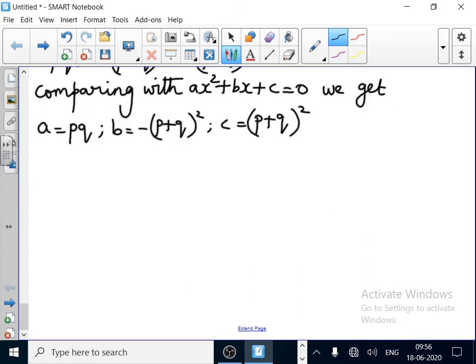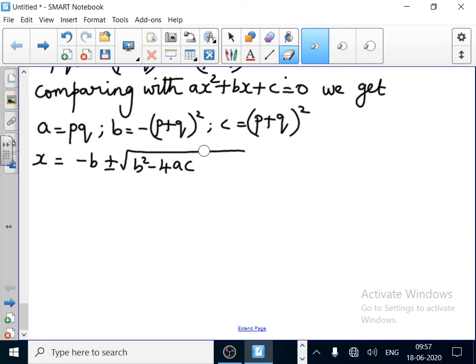It is the equation in the variable x, so we write it as x equal to, write the formula, minus b plus or minus square root of b square minus 4ac whole divided by 2a.